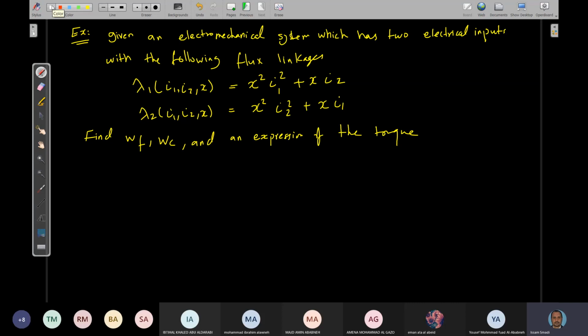How can I solve this problem? Here I'm giving you what? Lambda 1 and lambda 2. I'm giving you lambda 1 and lambda 2. So how can I solve this problem?